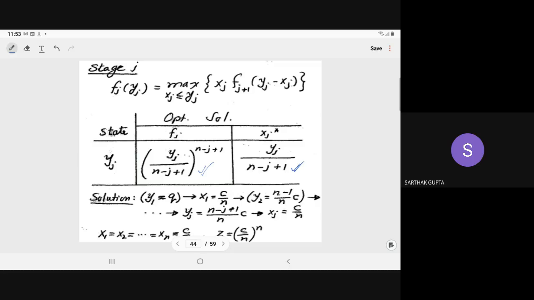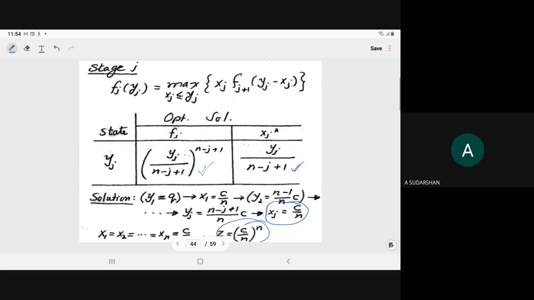When you start the allocation, for each xj we allocate c upon n, and the maximum value will be c upon n to the power n. So here we have a non-linear program solved through dynamic programming.